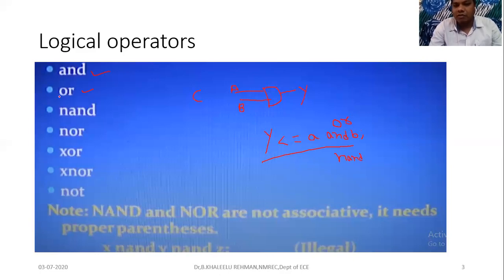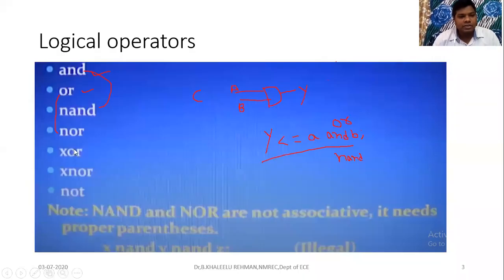The negation of or is nor, and the negation of and is nand. We have been discussing all the logical operators. Similarly, we have XOR, XNOR, and NOT for a single input.